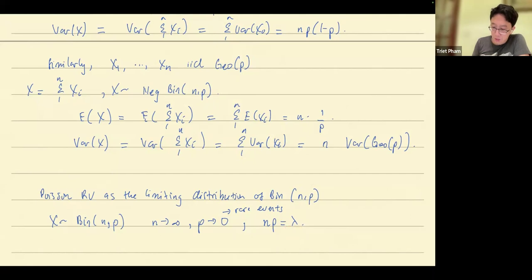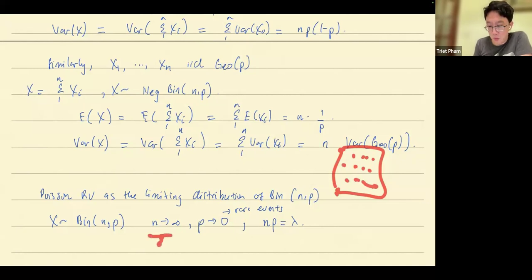Another example is you read a book, and on each page there are a lot of words. So n here represents the number of words. p here would represent, let's say, the probability that a word is a typo.